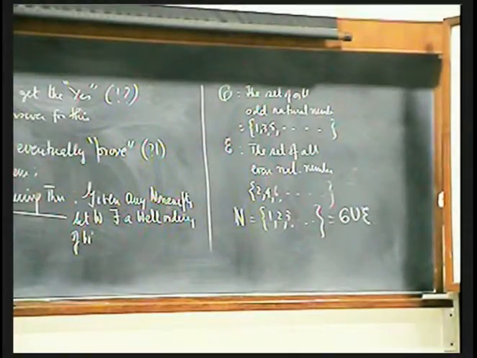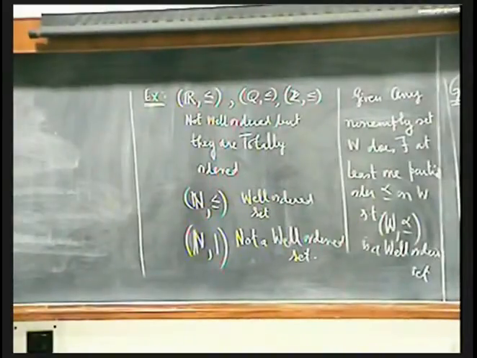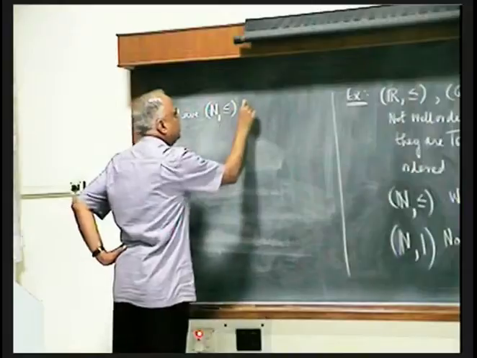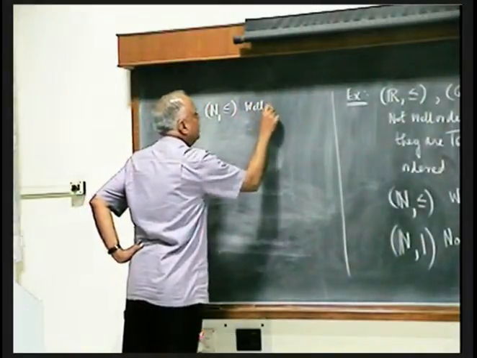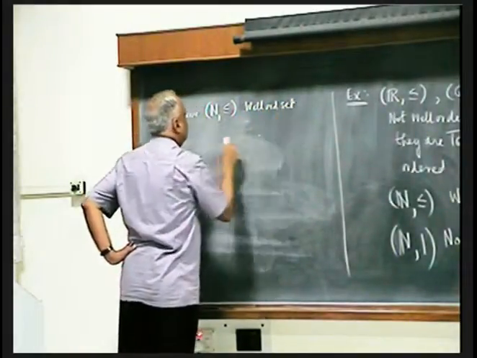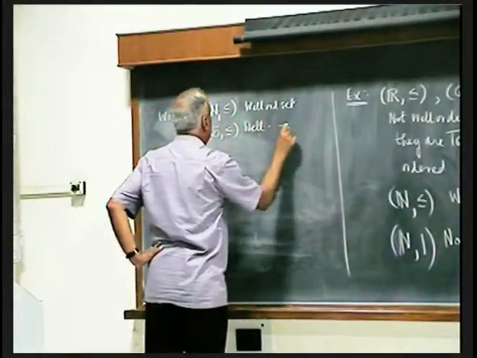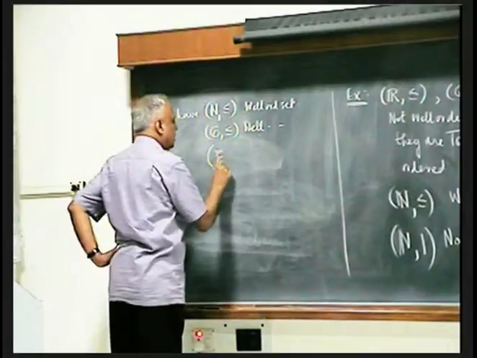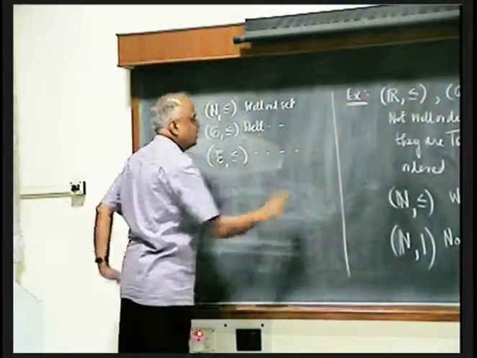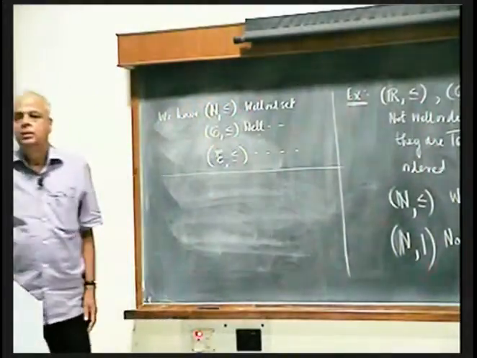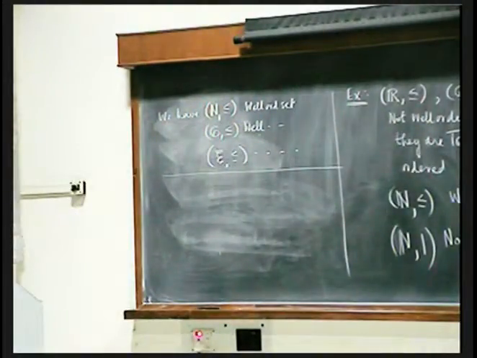So, we already have N is a well ordered set, O is a well ordered set, and E is a well ordered set. Now I am going to define a different well ordering on the natural numbers.